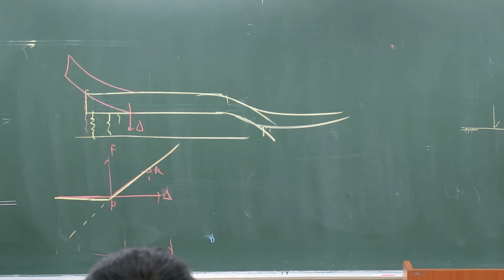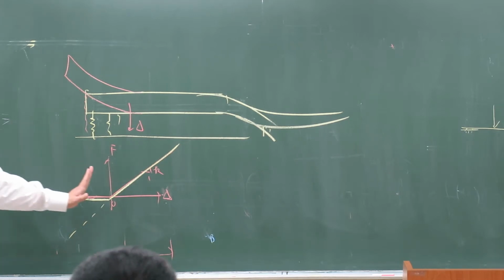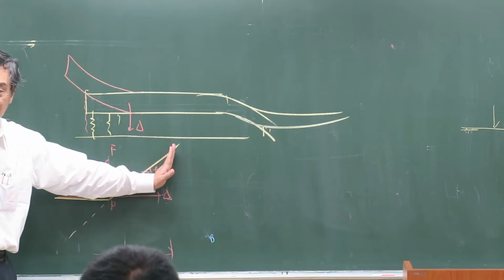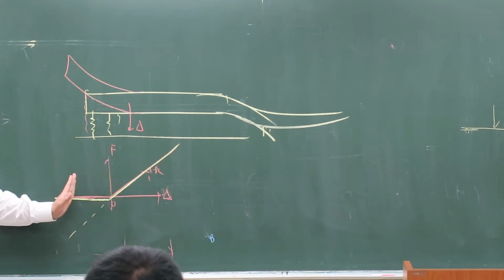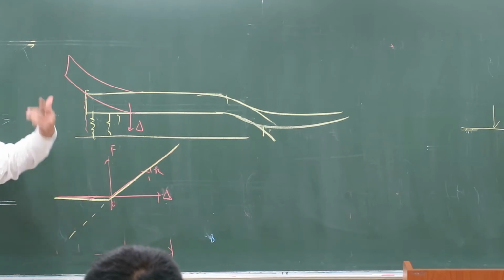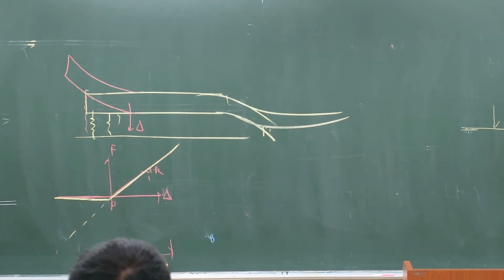So if you write programs, you should do some judgment. See if delta is separation or contact. I think you can already find out for the real case. In this part, it is a beam on elastic foundation. But for this, it's a pure beam. Okay, because the reaction force is upward.